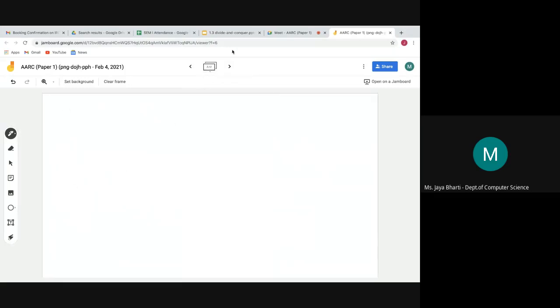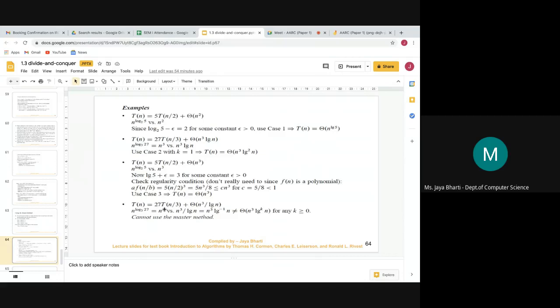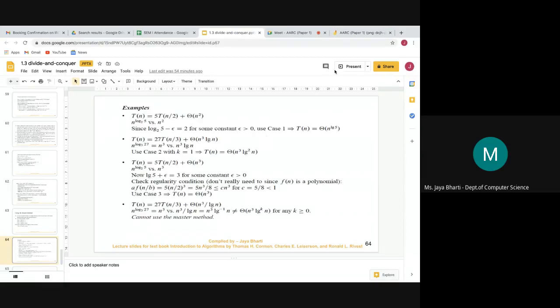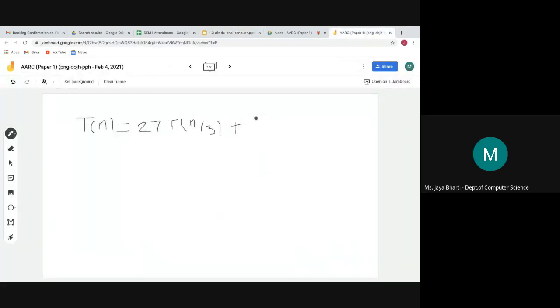We will see this one also, which is T(n) = 27T(n/3) + n cube divided by log n.